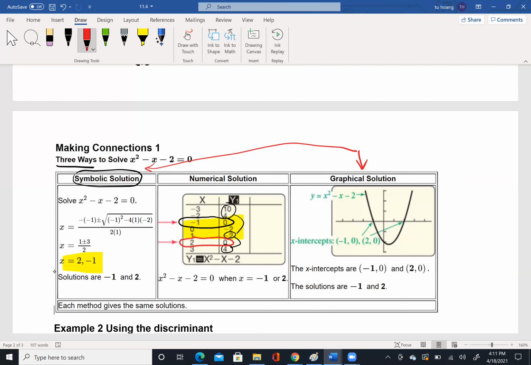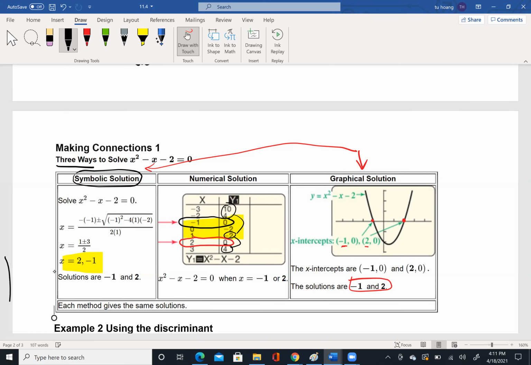You can see that wherever the graph crosses the x-axis, that's the solution. So in here, the graph crosses the x-intercepts at (-1, 0) and (2, 0). So -1 and 2 are the solutions of the equation.